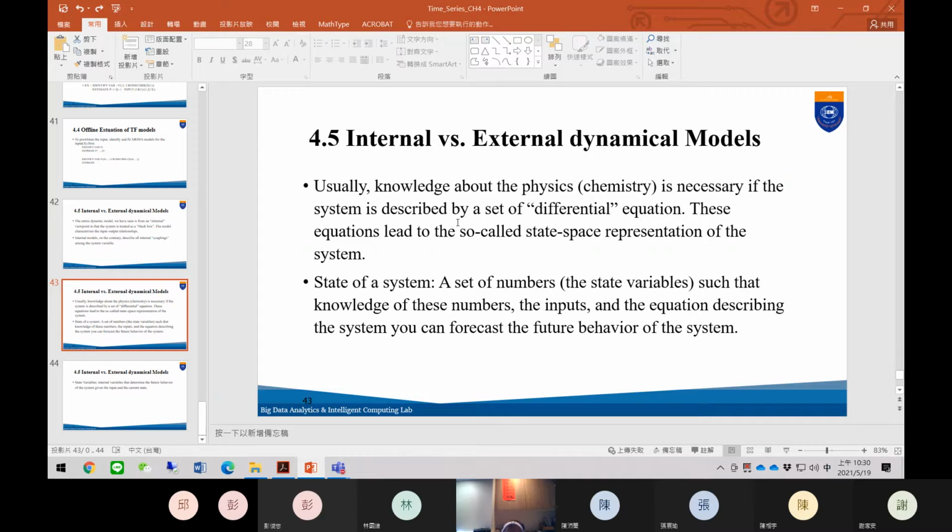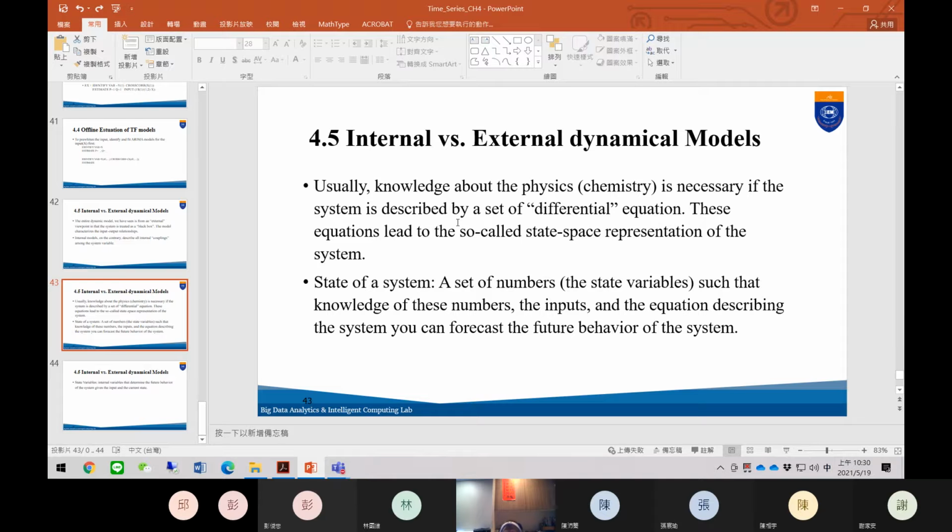Actually, I tried to cover that. But in my last 10 years teaching this class, I don't have time to cover that. The state of the system is a set of numbers, the state variables, such that with knowledge of these numbers, the inputs, and the equations describing the system, you can forecast the future behavior of the system.